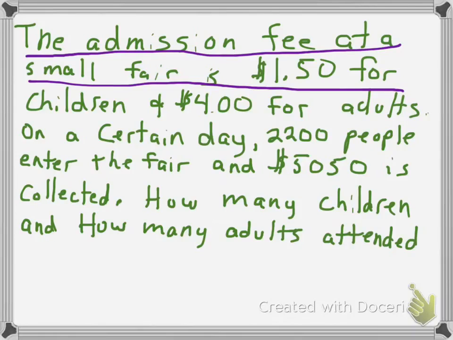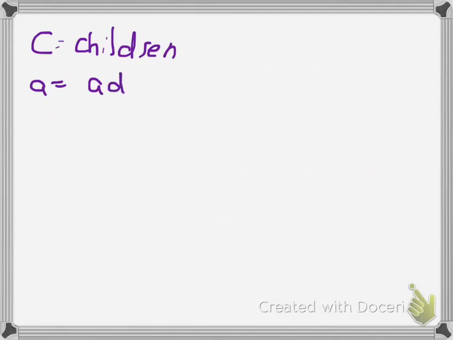I'm going to write that down somewhere, and you can use a variable. Let's go C for children, which makes logical sense, and let's go A for adults.